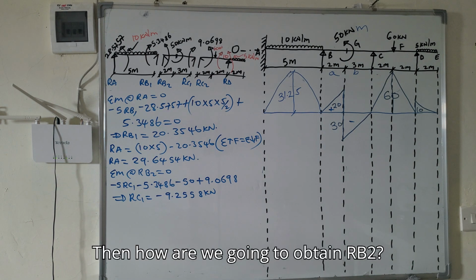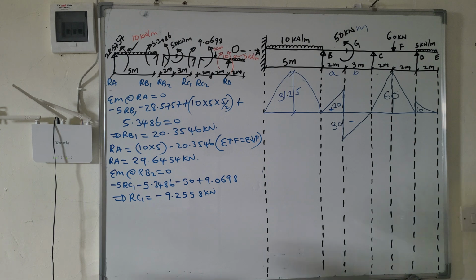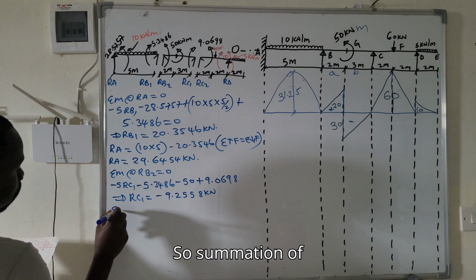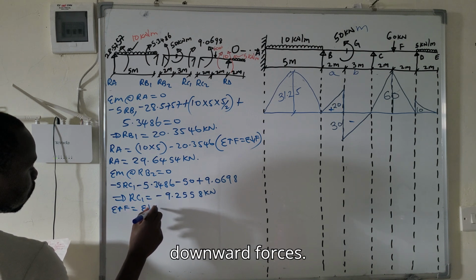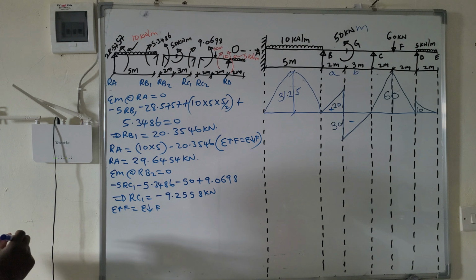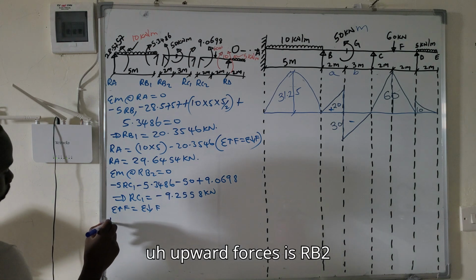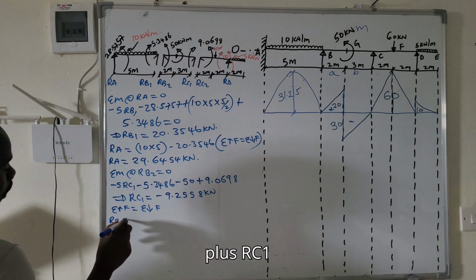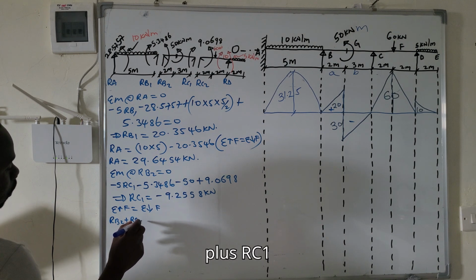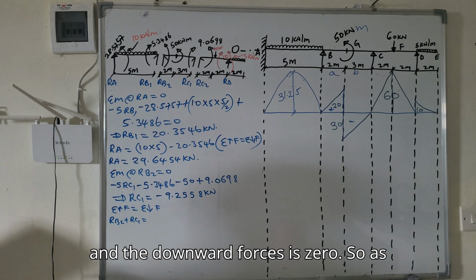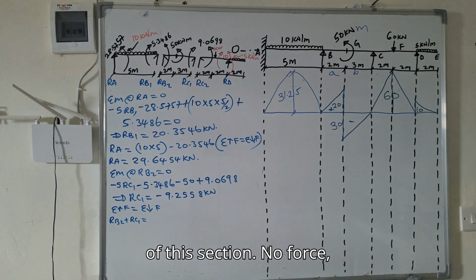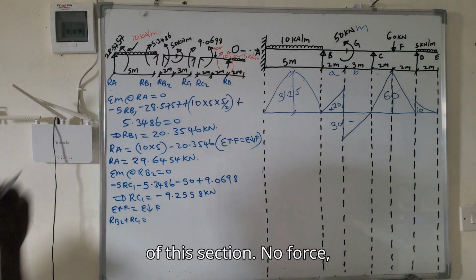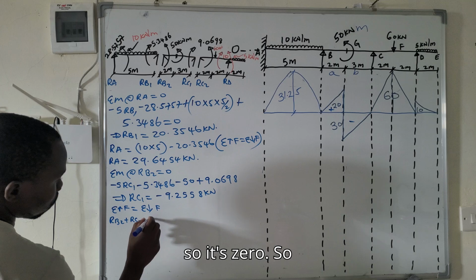Then how are we going to obtain RB2? Summation of upward forces is equal to summation of downward forces. So for here, upward forces is RB2 plus RC1, and the downward forces is 0. As you can see, there is no force on top of this section, so it's 0.